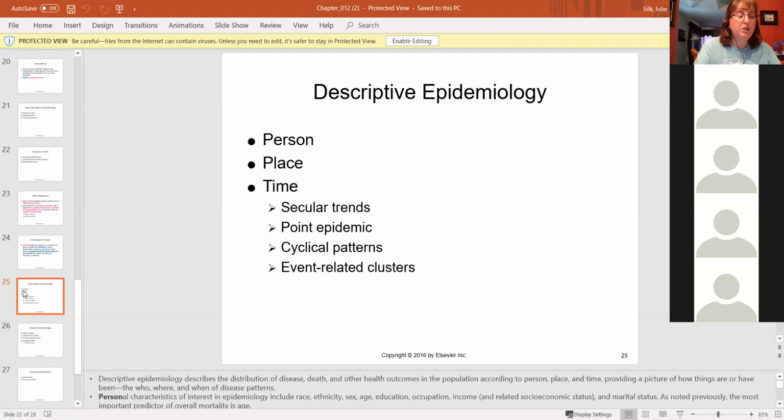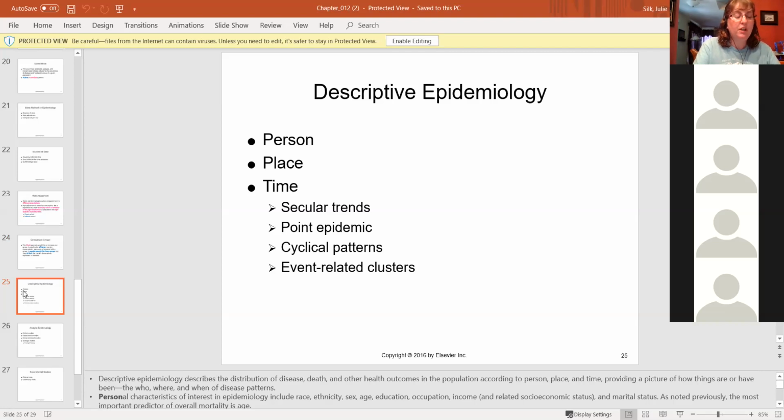One temporal and spatial pattern of disease distribution is the point epidemic. In addition to secular trends and point epidemics, there are also cyclical time patterns of disease. One common type of cyclical variation is the seasonal fluctuations seen in a number of infections or illnesses, like, for example, the flu.